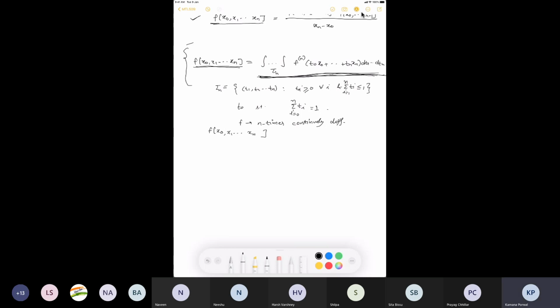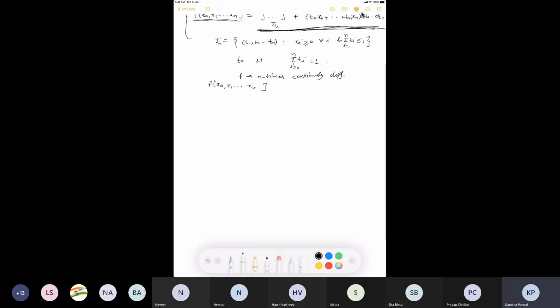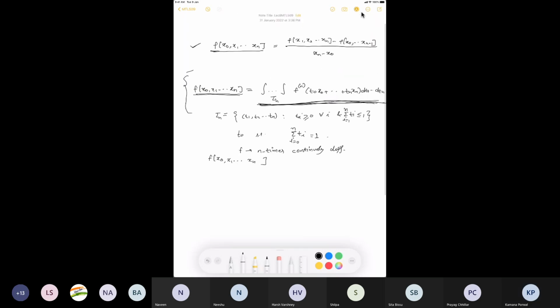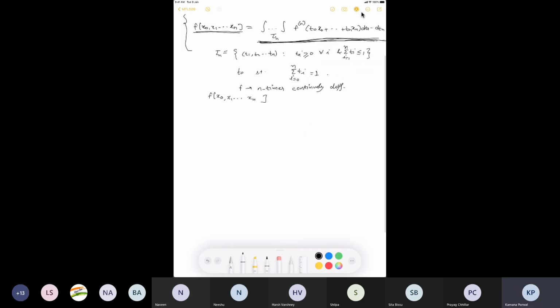Okay, and we can obtain one property of divided differences when all the nodes coincide. So we can prove that. This is an observation.